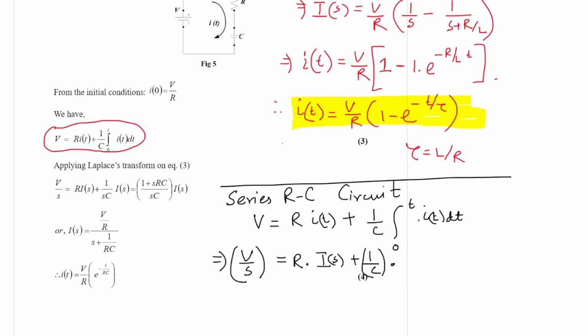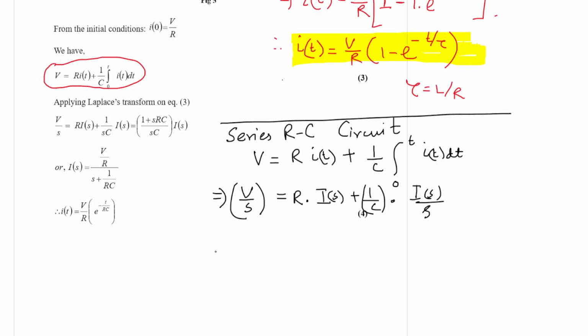If you follow the integration rule, integration 0 to t i(t) dt will simply be I(s) by S. So V by S is equal to, if you take I(s) common, R plus 1 by Cs.